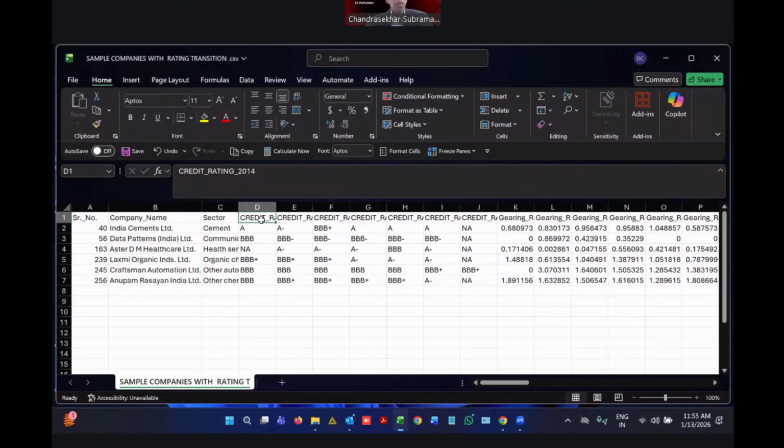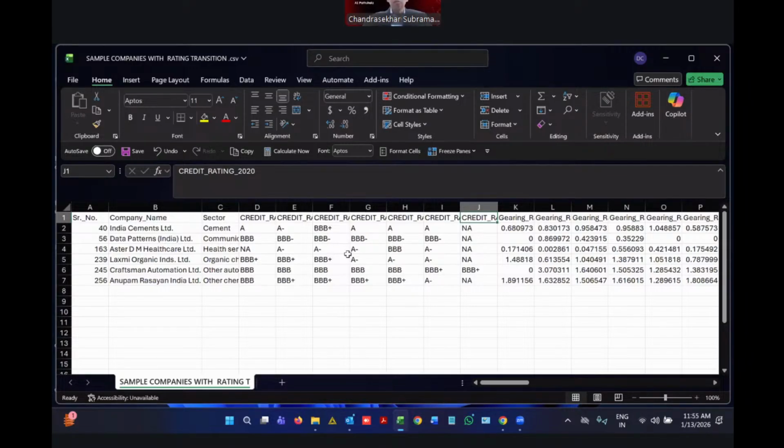So what we have done is we have taken 2014, 15, 16, 17, 18, 19 and 20. The 21 and 22 for the time being I have avoided because they were the COVID years. So all of these financial data, I think they went for a toss, some of them.